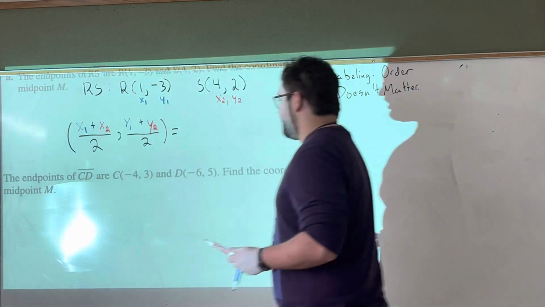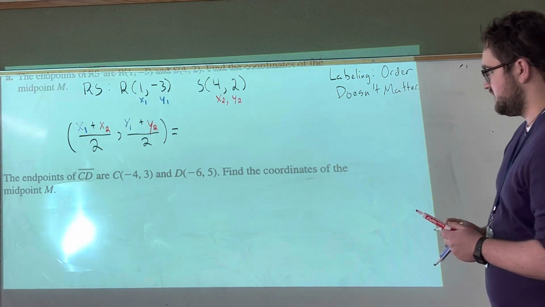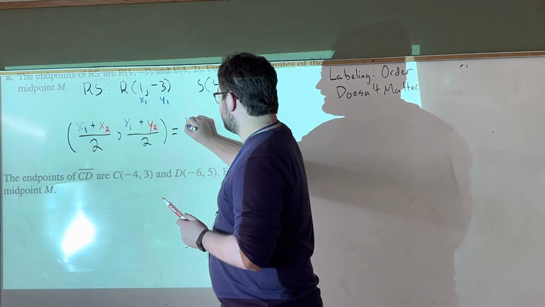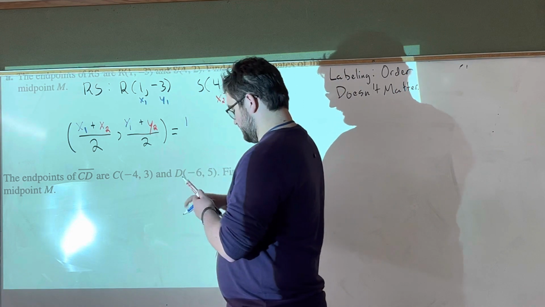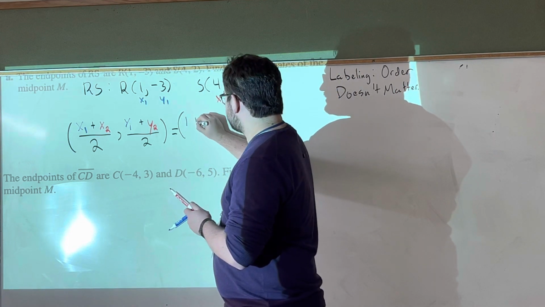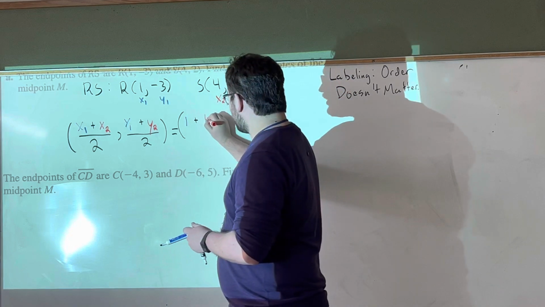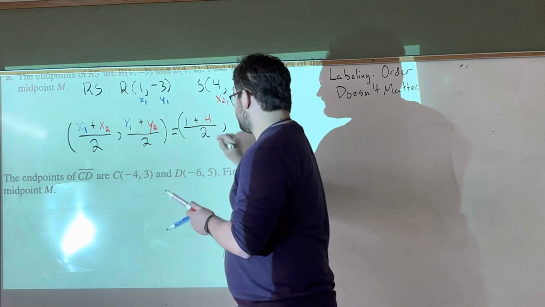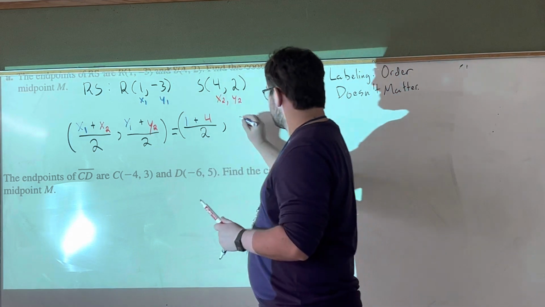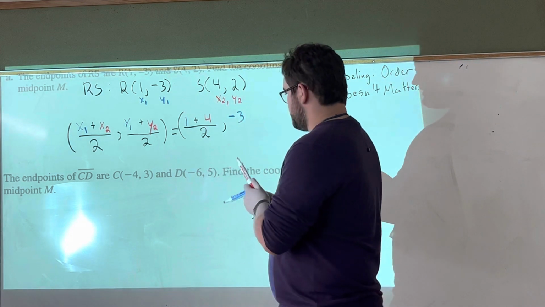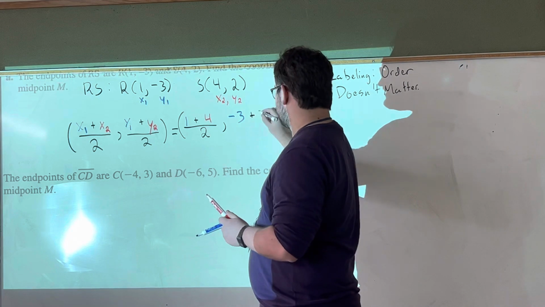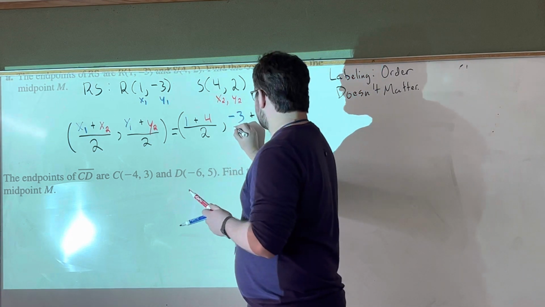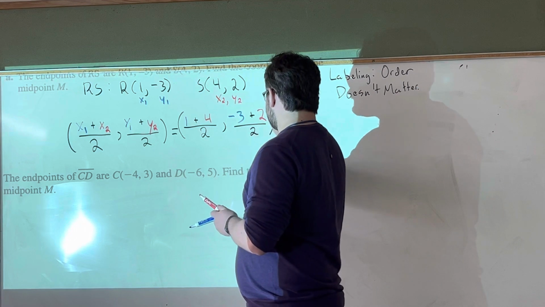Using our points that were given, that would be negative 1 plus 4 over 2, comma, negative 3 plus 2 over 2.